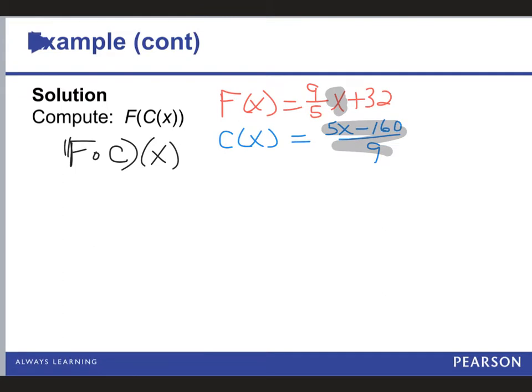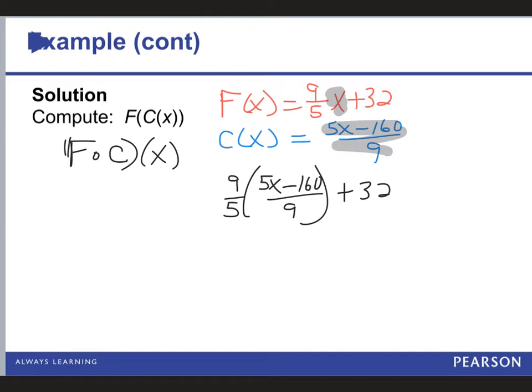So let's see if we can do that. I'm going to take 9/5 and multiply that by the output for c, so 5x minus 160 divided by 9, and then I'm going to add 32.